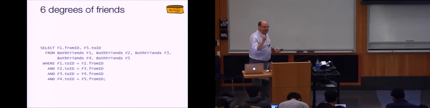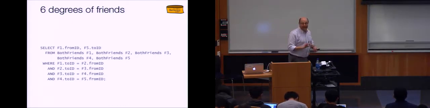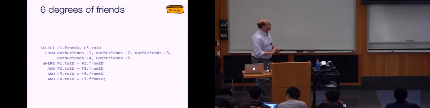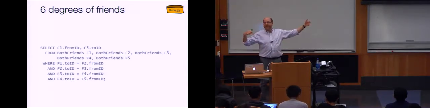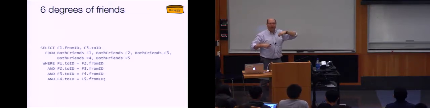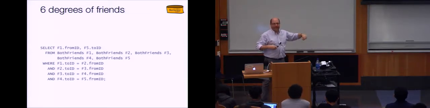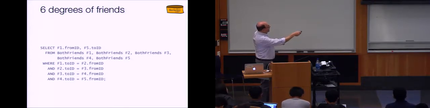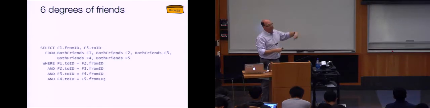So if you wanted to do that 6 degrees of separation, and I believe this is something that's important for your homework, which is why Professor Hellerstein wanted me to go over it quickly. If you wanted to compute those 6 degrees, so for a given from ID, who are all the people that are 6 degrees away, this is how you do it. You take that both friends, and you join it, you join it, you join it, you join it.